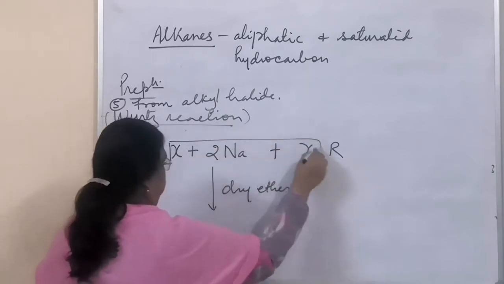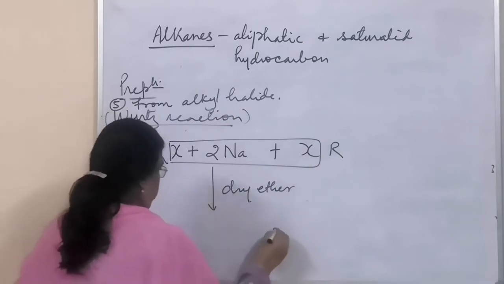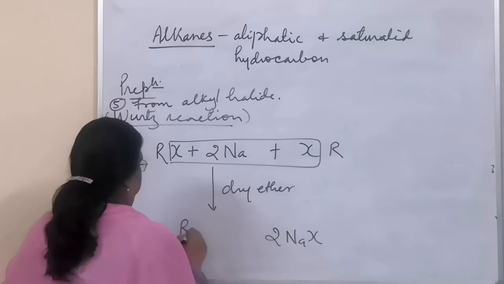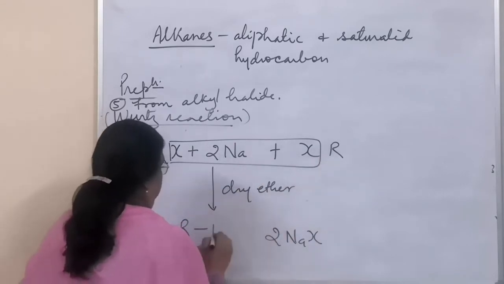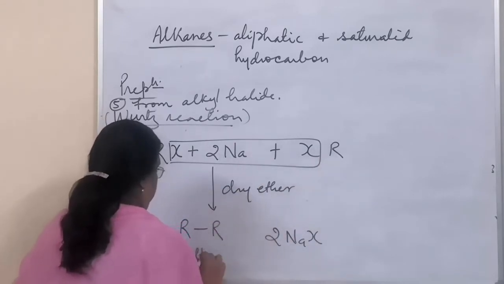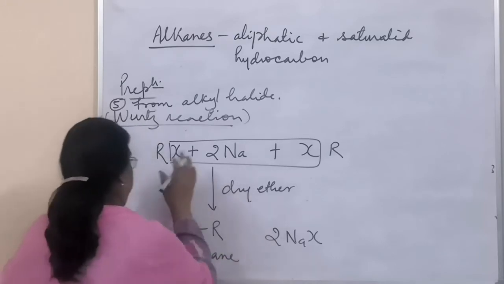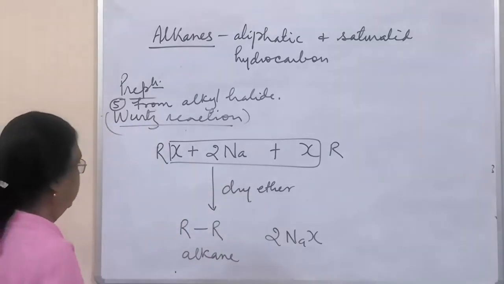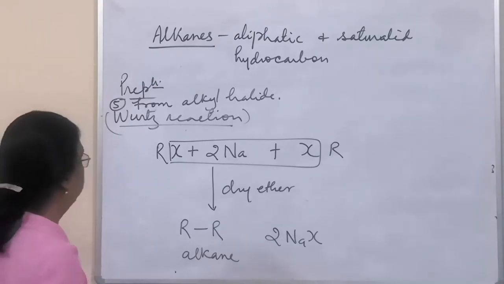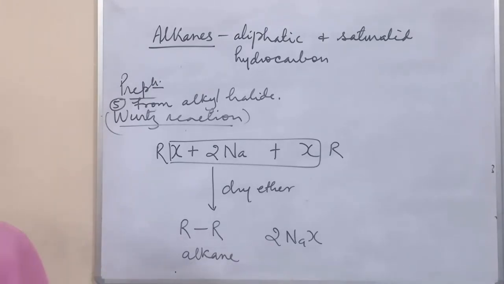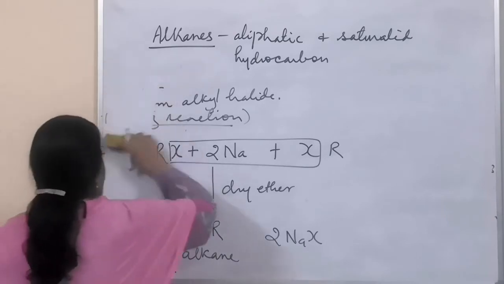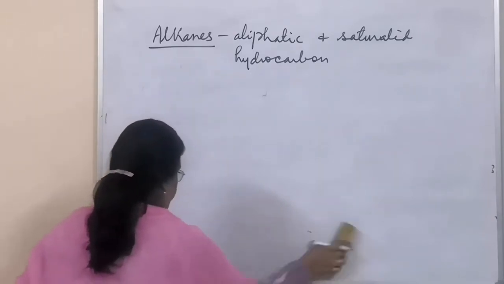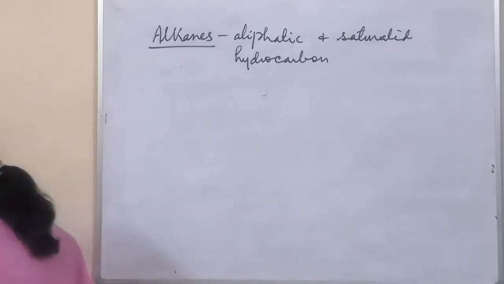So 2NaX will be formed as the byproduct and we will have R bond R, that is alkane. So you cannot obtain methane by this method. Higher alkanes can be obtained by Wood's reaction. Today's method, that is removed from the syllabus for this year. So you do not have to do Corey's method.